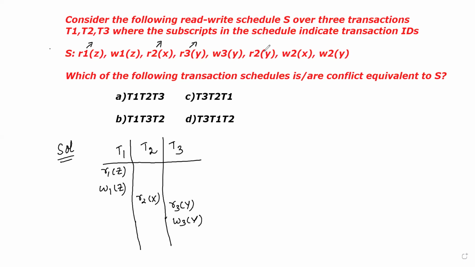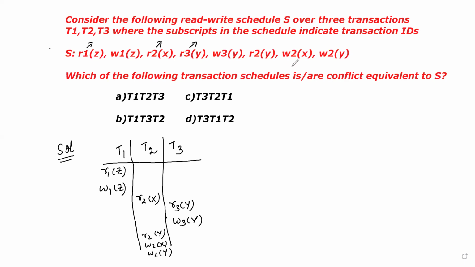Then we have R2 of Y, W2 of X, W2 of Y. These are all second transaction. The question asks: which of the following schedules are conflict equivalent?